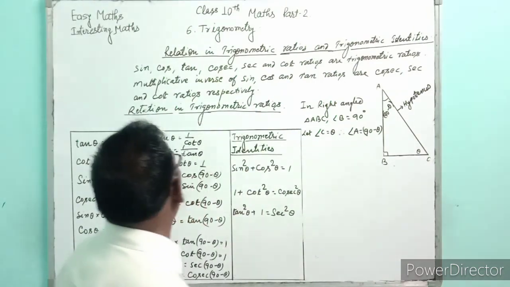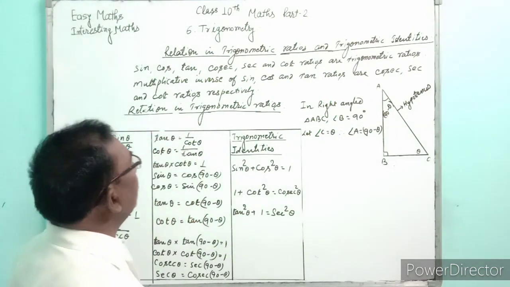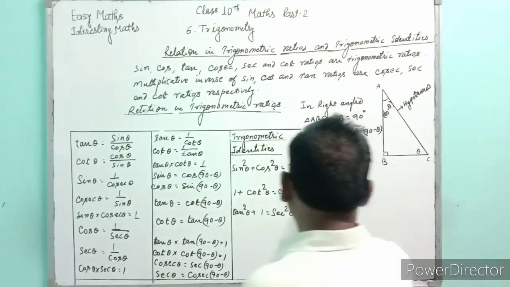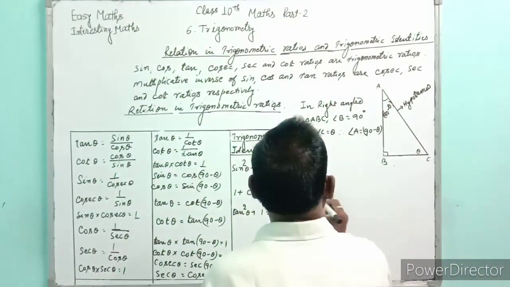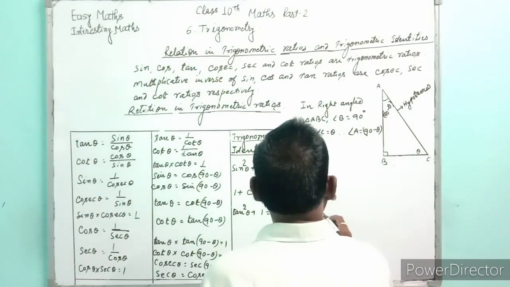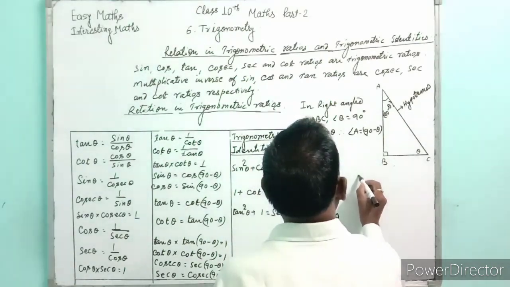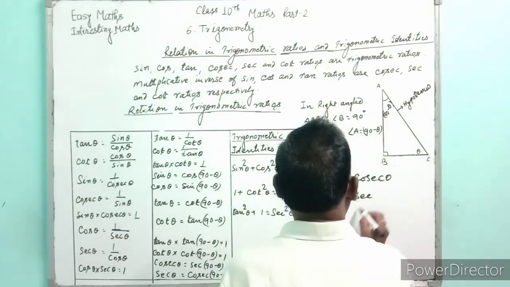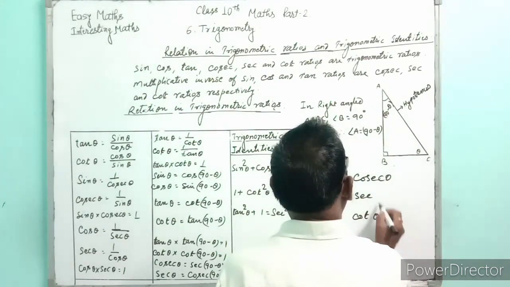Now, we see the relation in trigonometric ratios. What are trigonometric ratios? Sin theta, cos theta, tan theta, cosec theta, sec theta and cot theta.